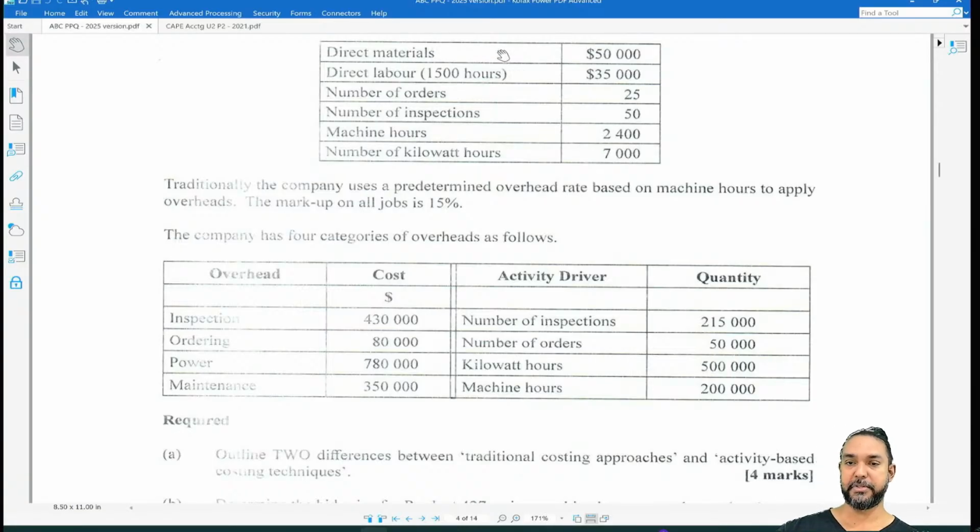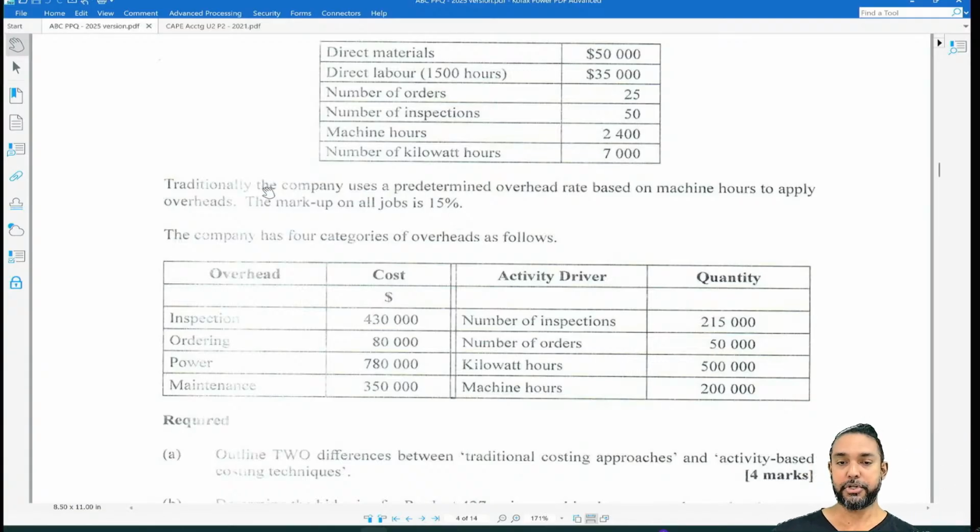So we have our costs, materials, direct labor, and we have 4 items here. What are those items? It says traditionally the company uses a predetermined overhead rate based on machine hours to apply overheads. The markup on all jobs is 15%. So that's what I was saying.